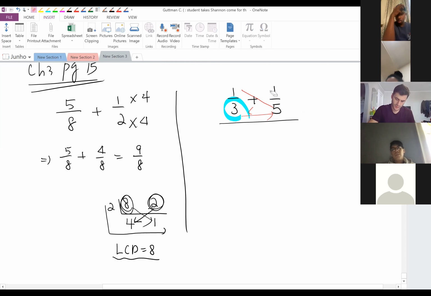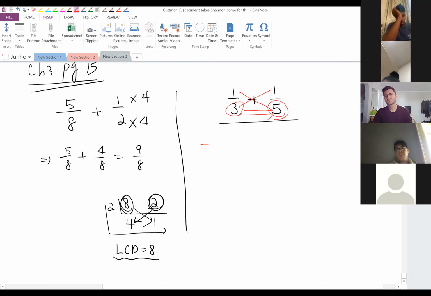Because the two denominators do not share any common factor, I'm going to multiply this denominator value to both the numerator and denominator, and 3 to both the numerator and denominator of this fraction.